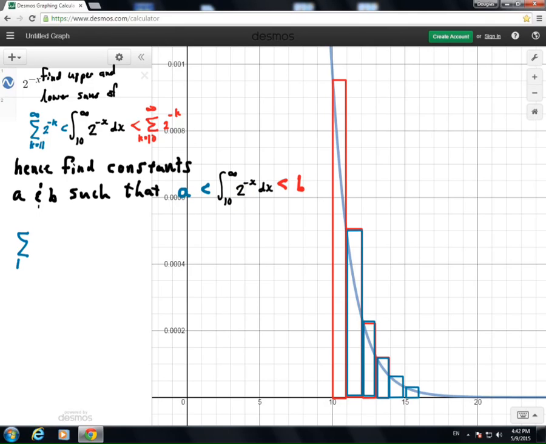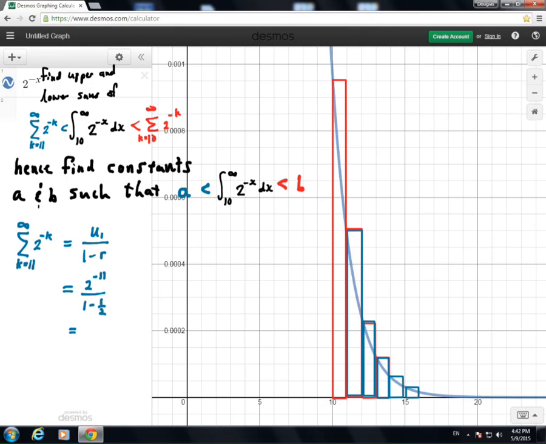To do so, I can notice that the blue represents a geometric series, and the sum of an infinite geometric series is the first term divided by 1 minus the common ratio. The common ratio here is going to be 1/2, because 2 to the negative k is a half times a half times a half, k times.